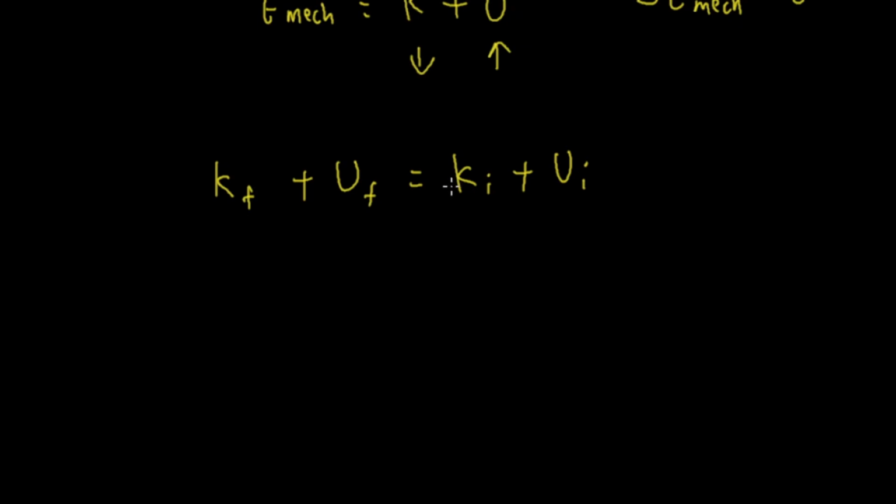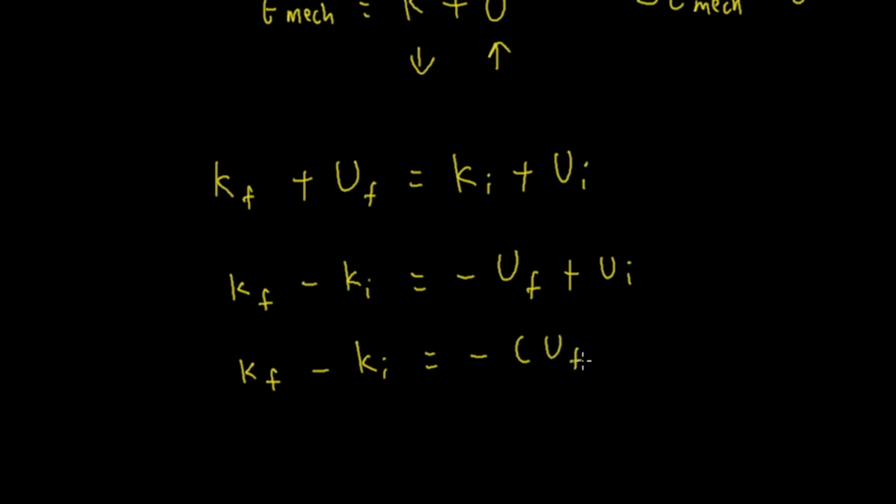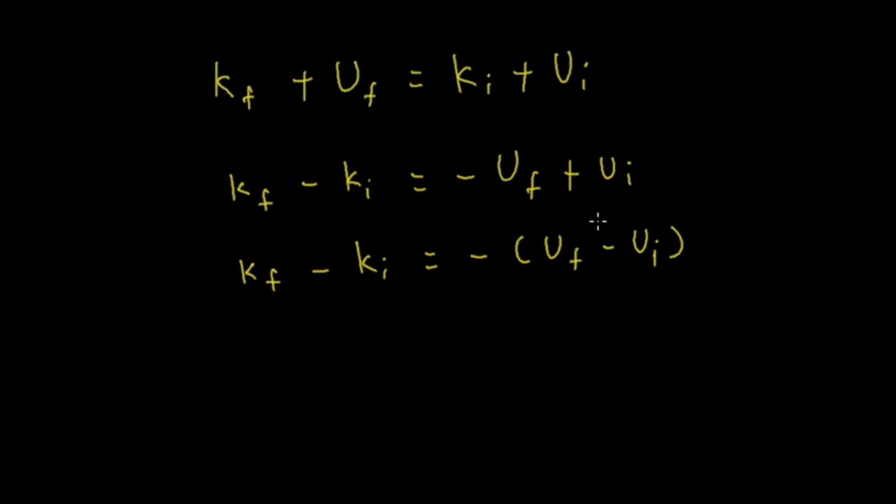We will subtract initial kinetic energy from both sides and subtract final potential energy from both sides. So we have final kinetic energy minus initial kinetic energy equals negative potential energy final plus potential energy initial. So we can rewrite this as final kinetic energy minus initial kinetic energy equals negative, final potential energy minus initial potential energy, right? Because the minus will become plus here.